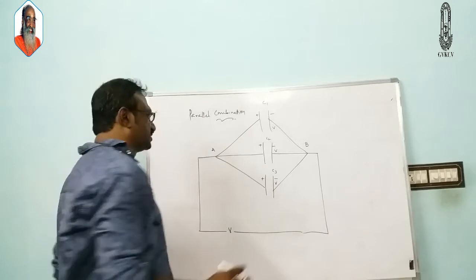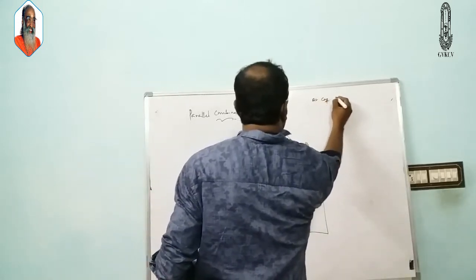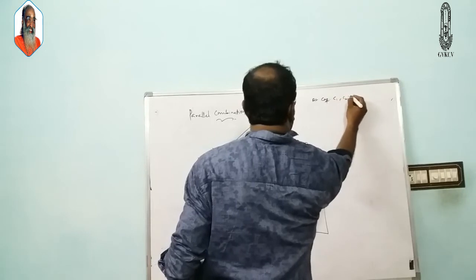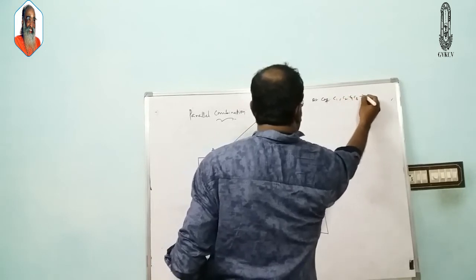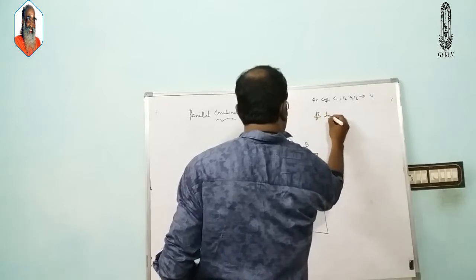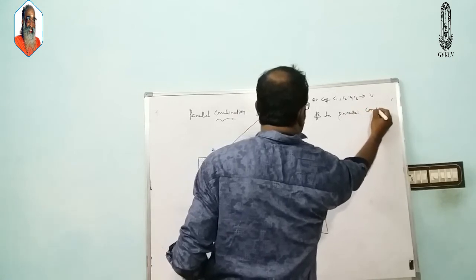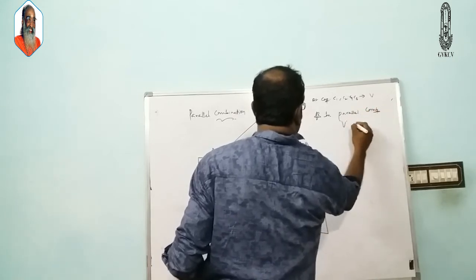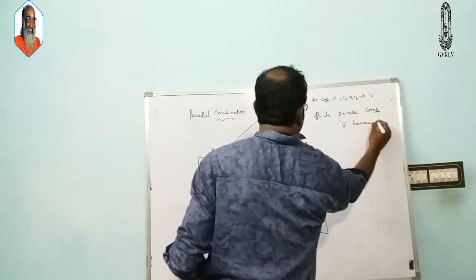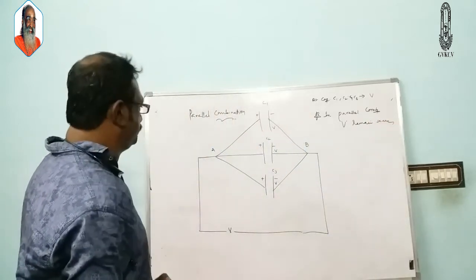So at capacitors C1, C2 and C3 the potential difference is V. That means in parallel combination, V remains the same.